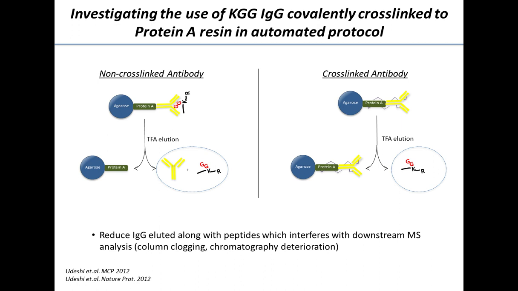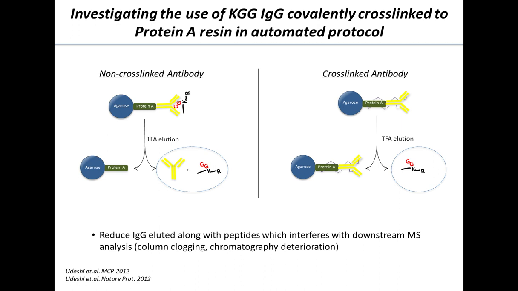As I mentioned earlier, we did investigate the use of KGG antibody covalently cross-linked to protein A resin for our automated platform, and this was really in an effort to reduce the amount of antibody that is eluted along with the peptides when we're using non-cross-linked antibody. And this antibody that's eluted can interfere with downstream mass spec analysis.